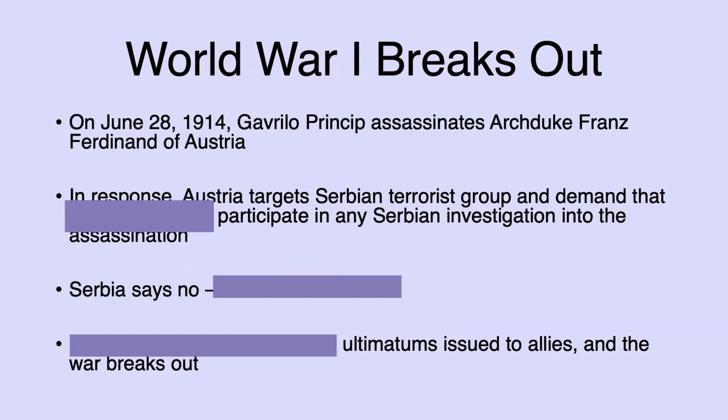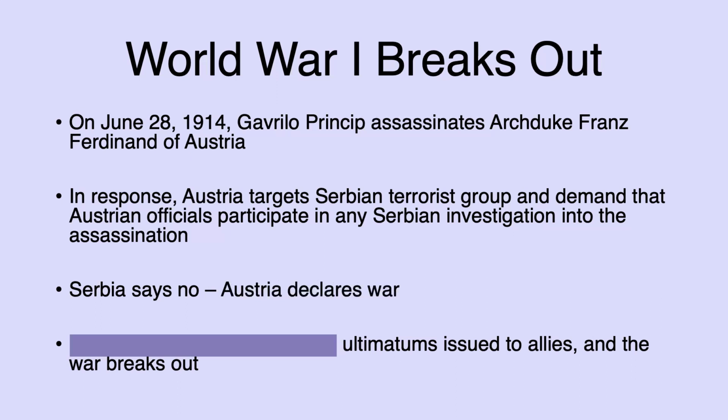Now, in response, Austria targets a Serbian terrorist group, and it demands that the Serbian government allow Austrian officials to participate in any investigation they may conduct into the assassination. So essentially, Austria is stating because the assassin was Serbian, that Austria has the right to intervene in any Serbian investigation. Now, Serbia says no.